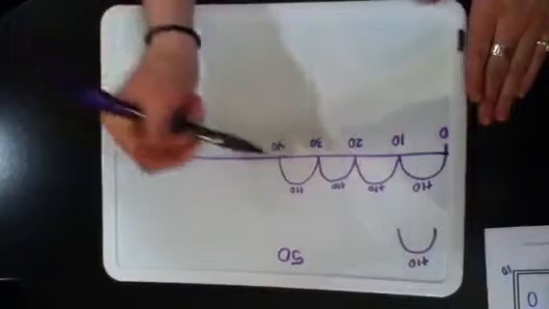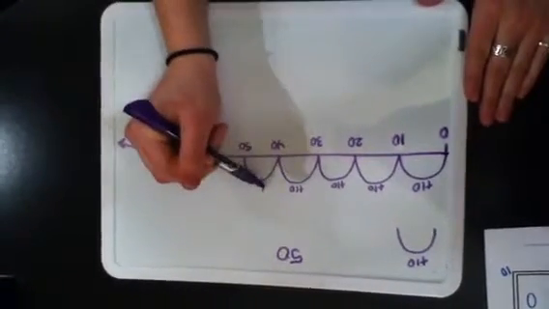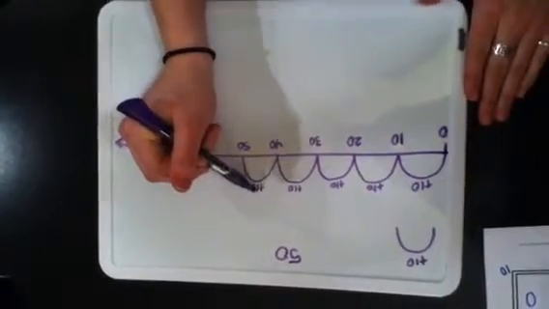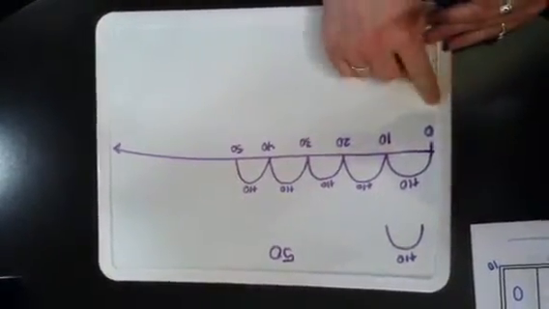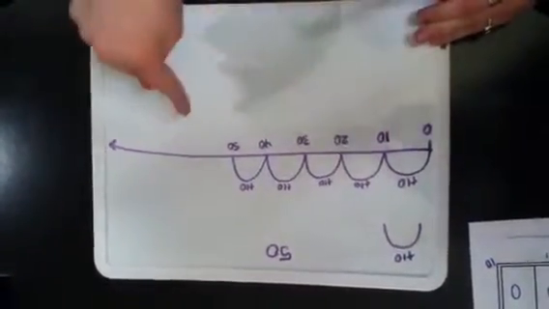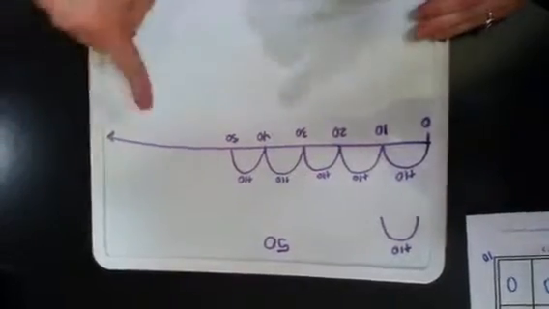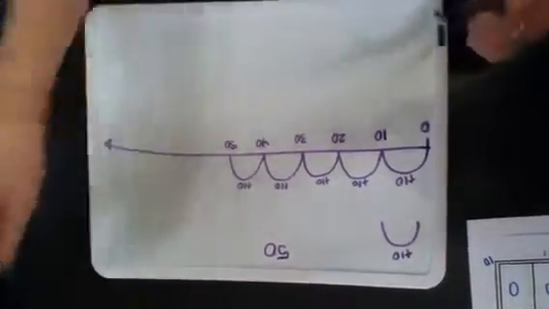And one more time, 40 plus 10 is 50. So this is a great way for students to see the increase in numbers here, and they can see the half circles represent the jumping on the number line by tens.